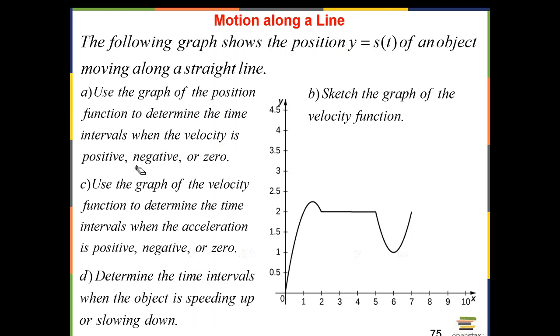So what we want to do is use the graph of the position to determine the time intervals when the velocity is positive, negative, or 0. And then use the graph of the velocity. So we kind of sketch the graph of velocity. We don't know exactly how to graph it, but we can have a sketch of a velocity graph. And then it says determine the time intervals when the object is speeding up or slowing down.